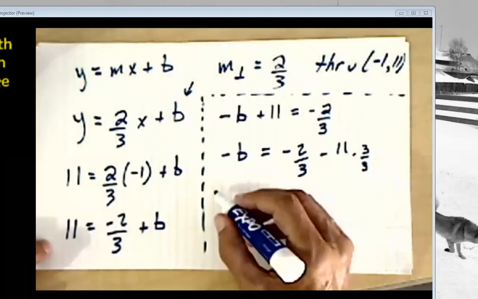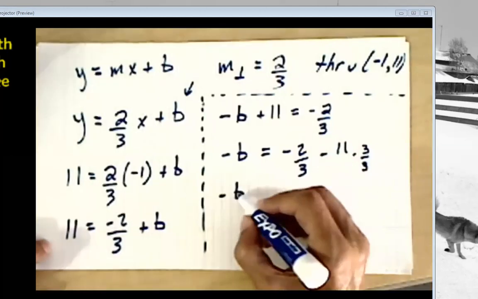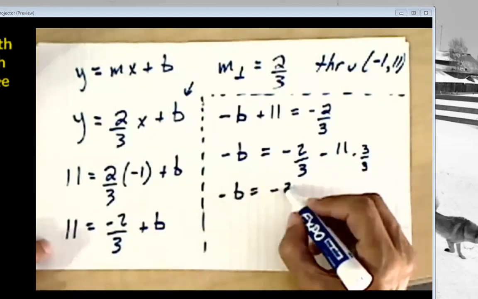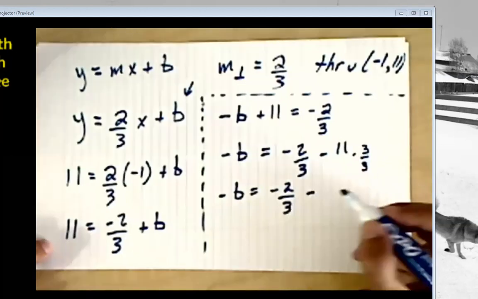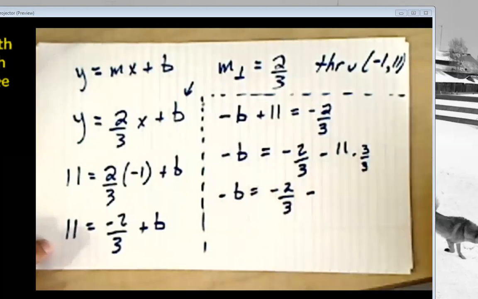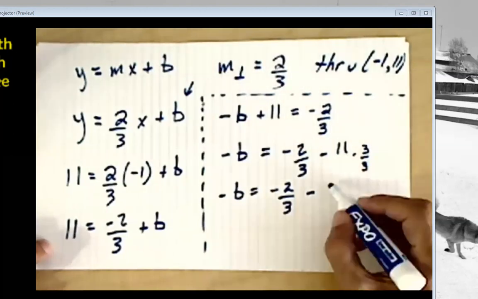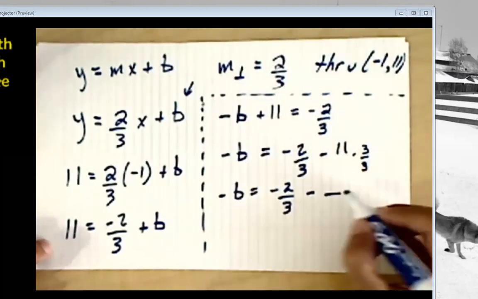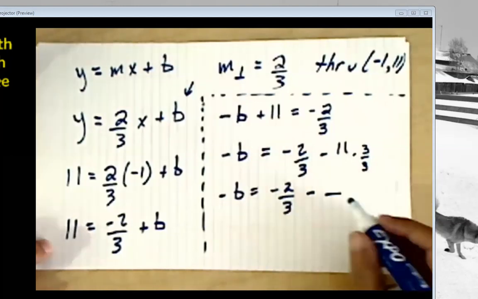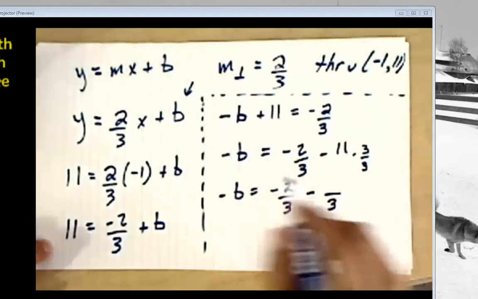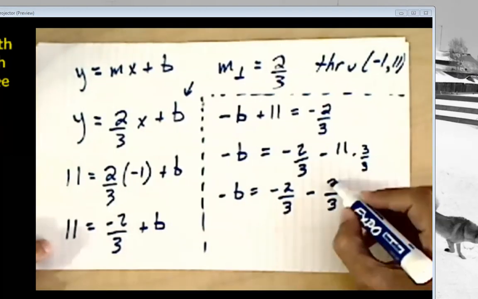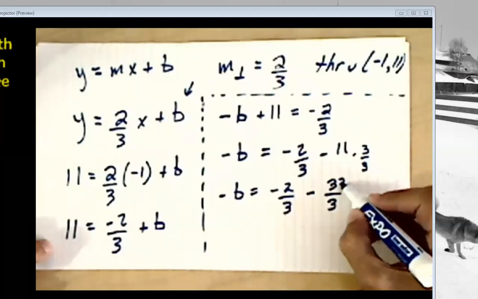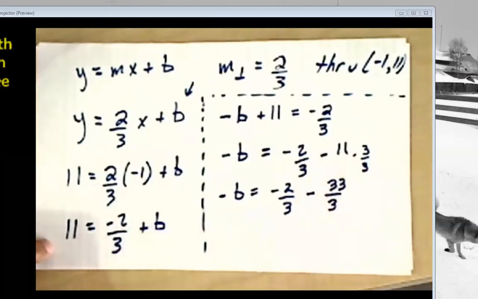So we get this. Minus b is minus 2 over 3, subtract, what's this thing? 33. It's over 3 for sure, but let's do the multiplying now. What do you get? Yeah, 11 times the 3, 33. Yeah, nice. Zoom got it too.